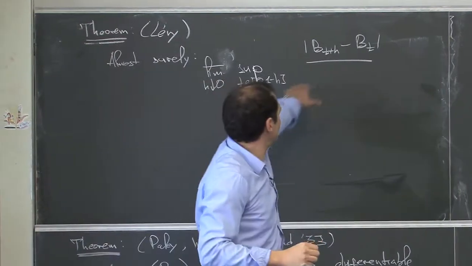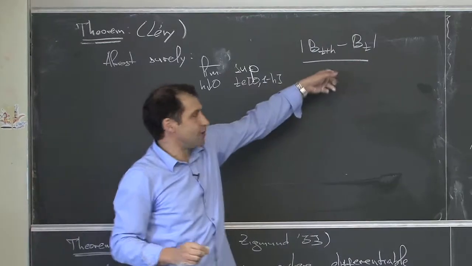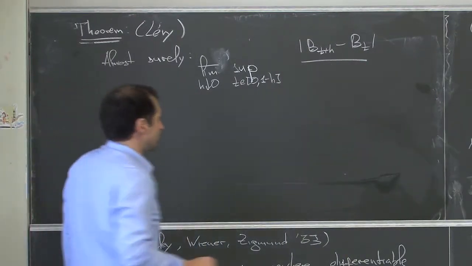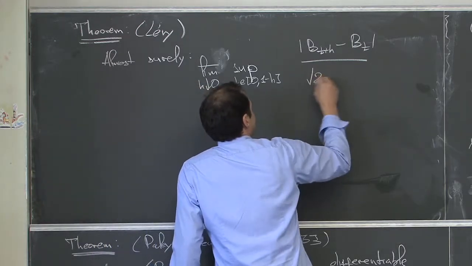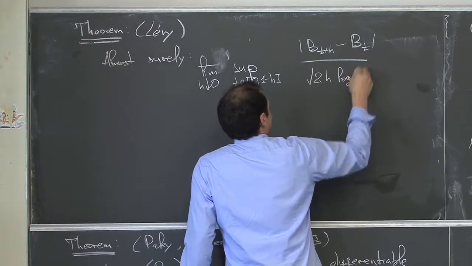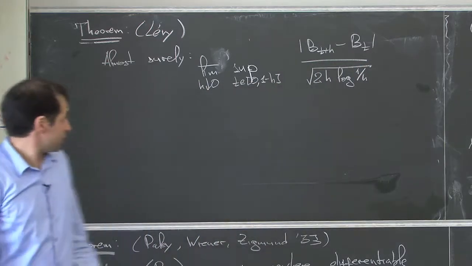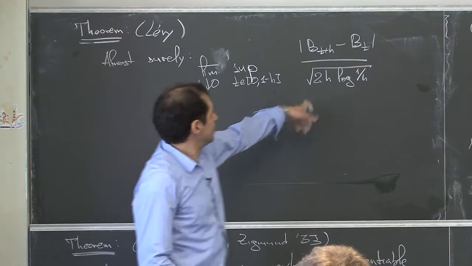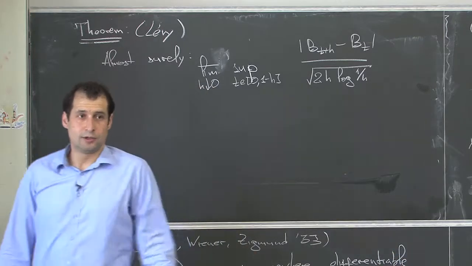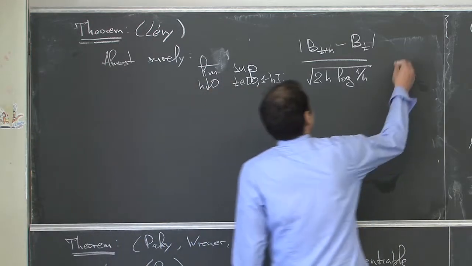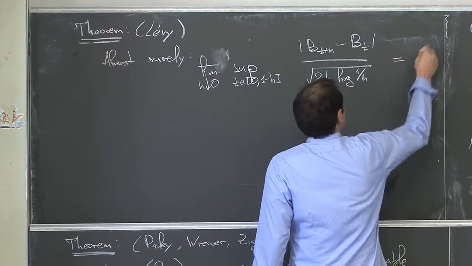So if the function was differentiable, it should be h here. If I would expect it's Hölder continuous, it should be h to the power of alpha. Actually, the correct normalization is here. So this is square root of h log 1 over h, and even the constant is fairly explicit. Then this is 1.